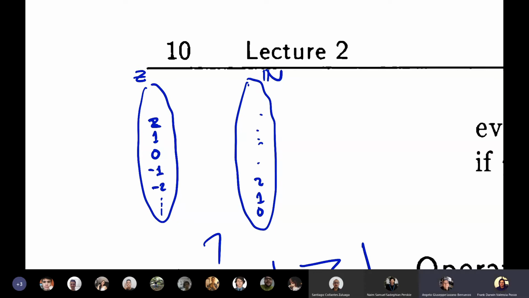You want to associate to every element from here a unique element here, so that every two different elements go to different ones. That's the only way you can convince anyone that there are enough elements here to cover all the elements from here. Because otherwise you can just send all of them to 0, and that wouldn't work, right?